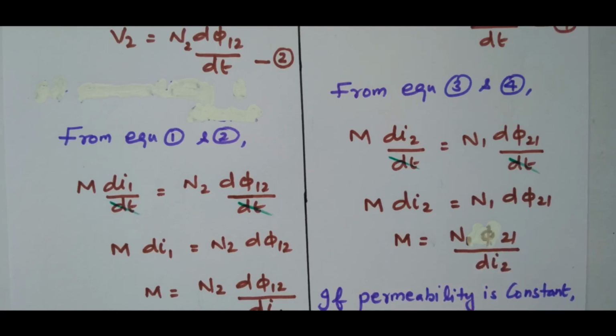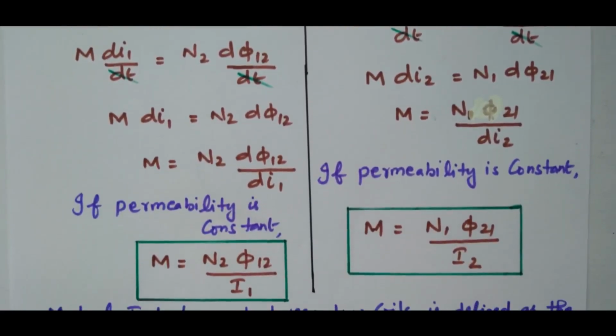If permeability is constant, we can write M equals N1 φ21 divided by I2. So the important thing is that mutual inductance is based on flux linkage in the first coil divided by current in the second coil. That is the important thing, because the second coil is energized and current is flowing through the second coil.